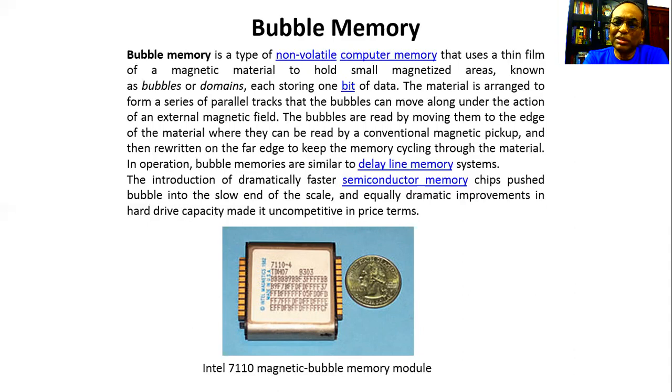So one can go from one edge to another edge. In operation, bubble memories are similar to delay-line memory systems. The introduction of dramatically faster semiconductor memory chips pushed bubble memory into the slow end of the scale.